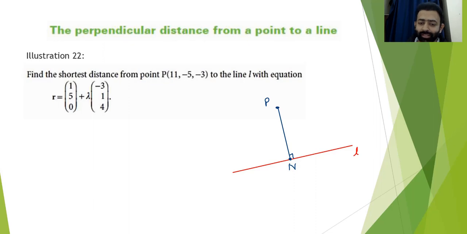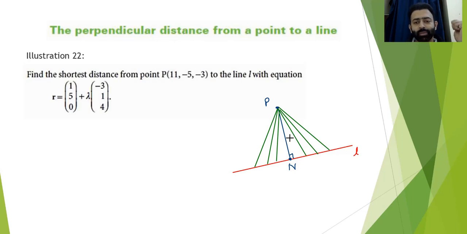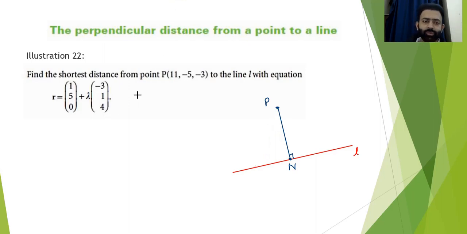If you take any other distance, for example this one, this is also a distance. From a point to a line you get an infinite number of distances, but as far as the shortest is concerned, the perpendicular distance is the shortest. So we will omit all these green lines and consider only the perpendicular from P to N. Basically we have to find NP.